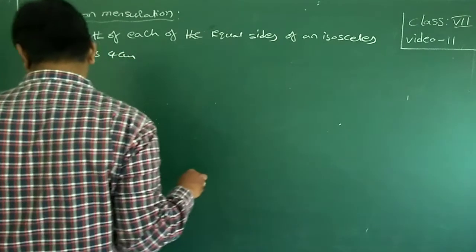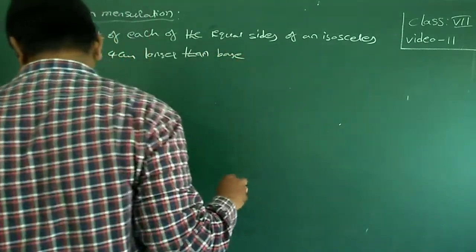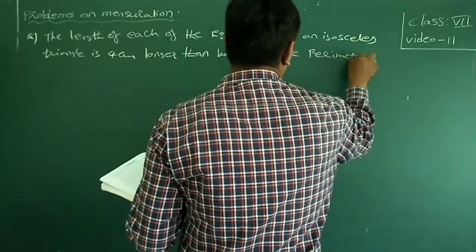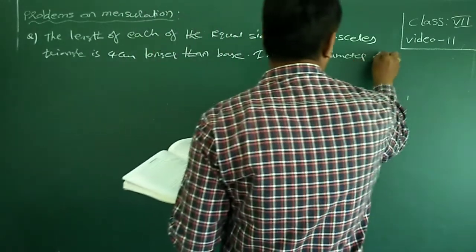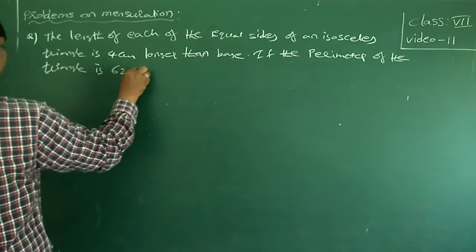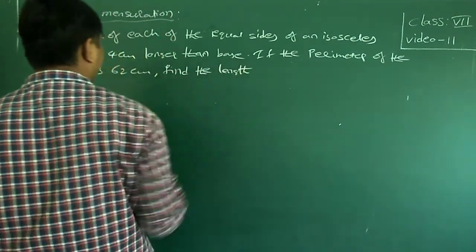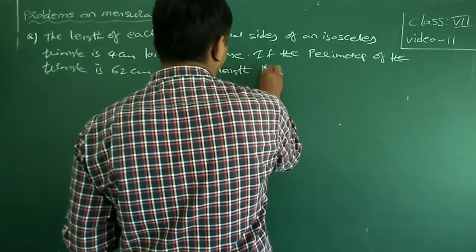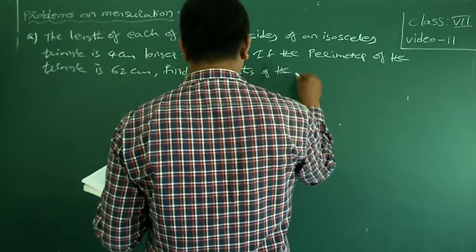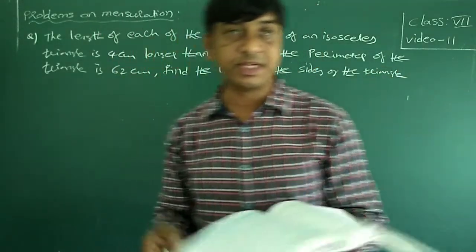If the perimeter of the triangle is 62 centimeters, find the lengths of the sides of the triangle.